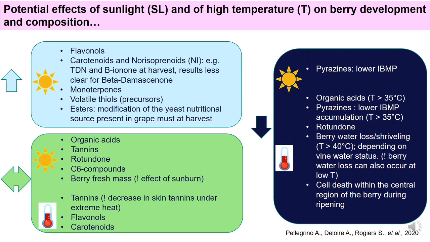So, speaking about light and temperature, depending on the compounds, those abiotic factors can stimulate or inhibit the biosynthesis, the accumulation of compounds. So the reasoning is there on a compound basis.